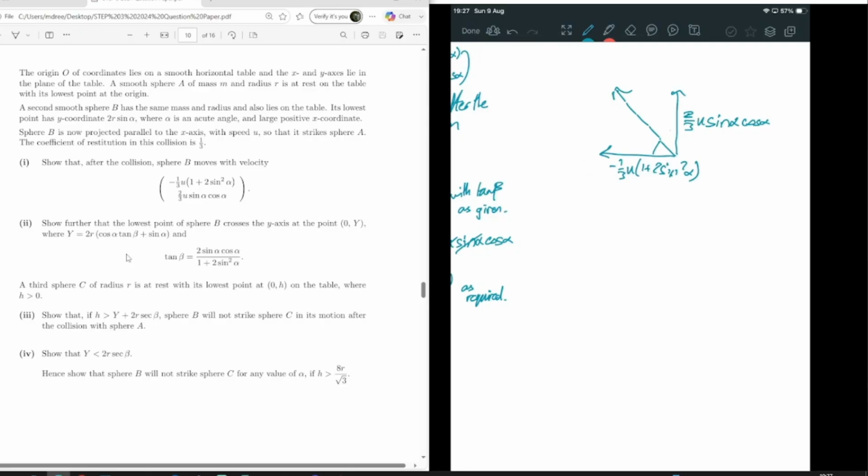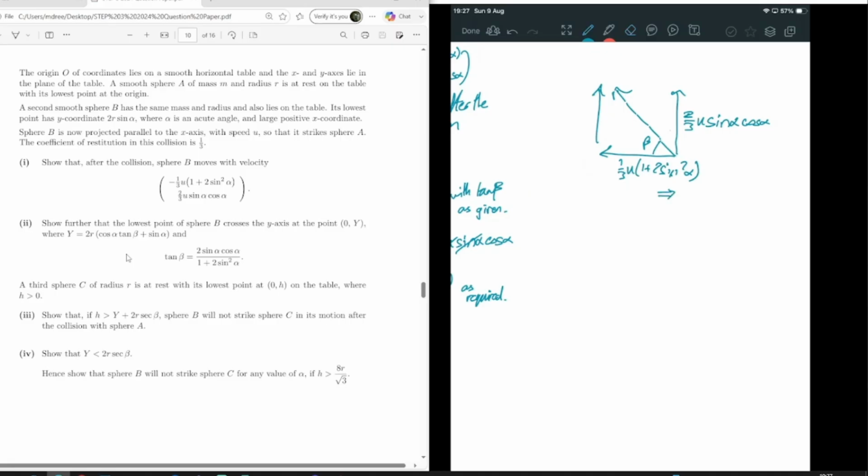If I call this angle here beta, then tan beta is the opposite, which is the same vertical component of velocity, over the adjacent, which is the x component. The sign can disappear because I'm talking about lengths of vectors again rather than directions.